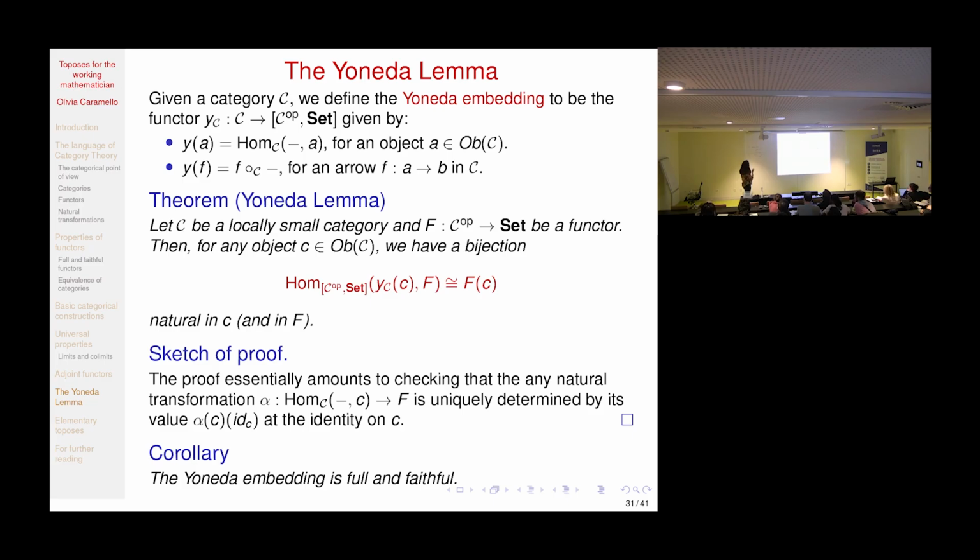Okay. Now, the Yoneda lemma gives us a bijection, which is moreover natural in the two parameters, C and F, between the collection of natural transformations from such a representable to F and the set of elements of F(C).